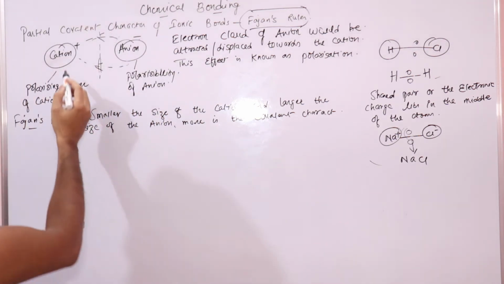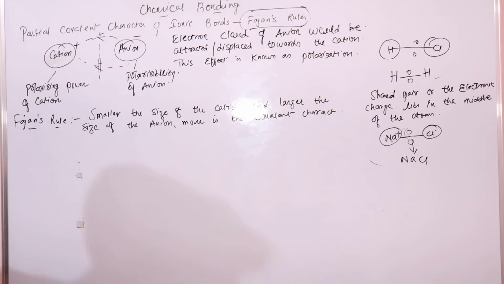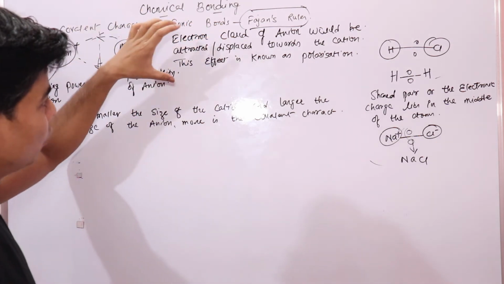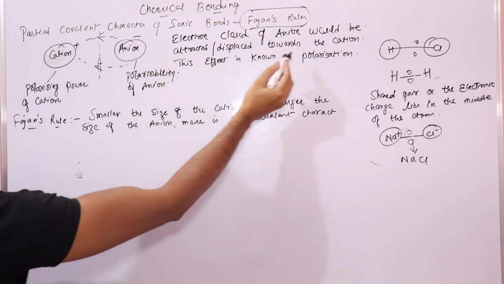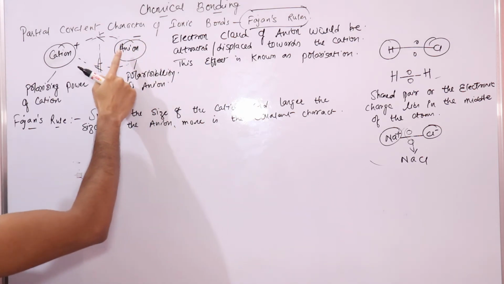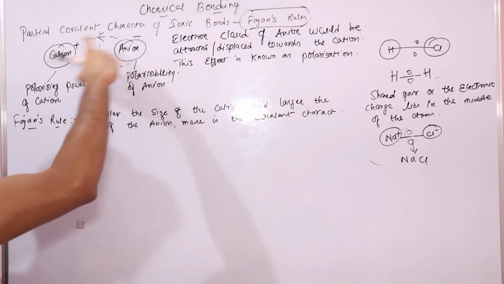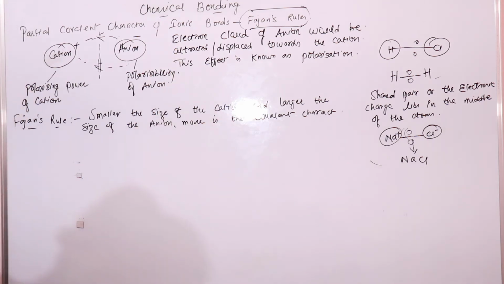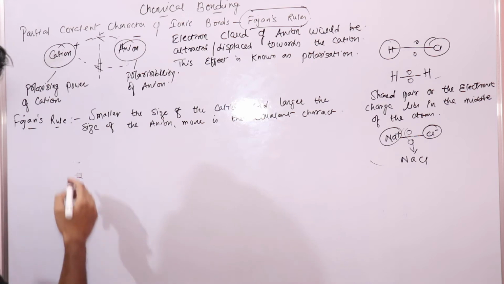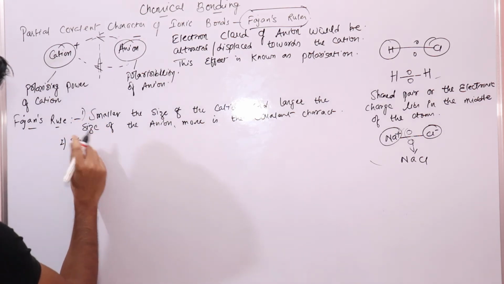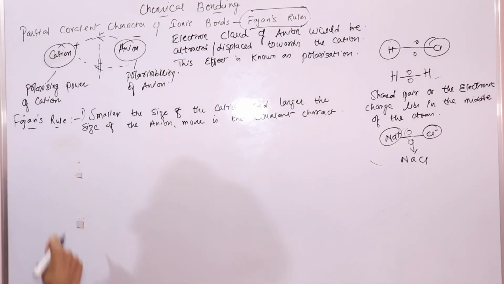I'll repeat: smaller the cation or larger the anion, more would be the displacement, or more would be the attraction of the electron cloud by the cation from the anion, right? And the second rule is, let's take some of the examples of the first before we move to the second rule.